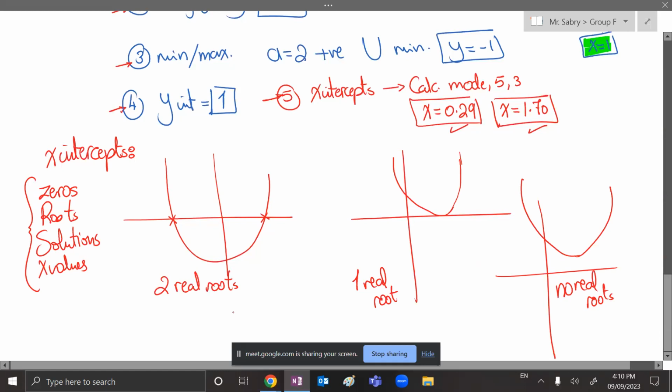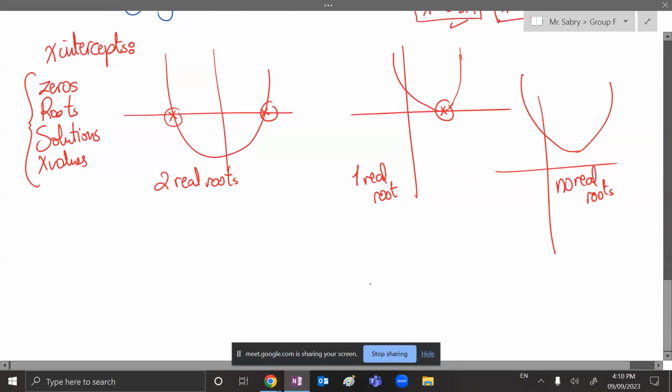So again, this one has 2 real roots. These are the 2 x-intercepts. This one has 1 real root, which is this x-intercept. This one has no real roots, but it has imaginary roots, and we'll discuss them later. Every other type of graph or polynomial, there are others other than the quadratic.